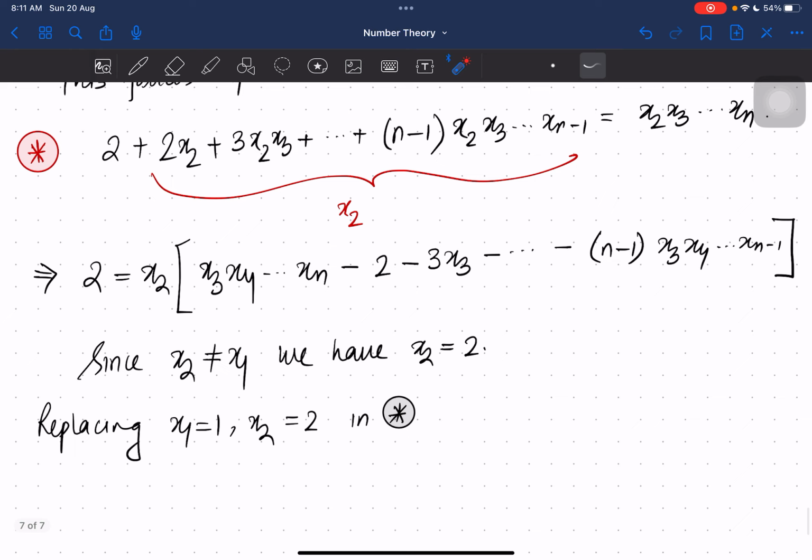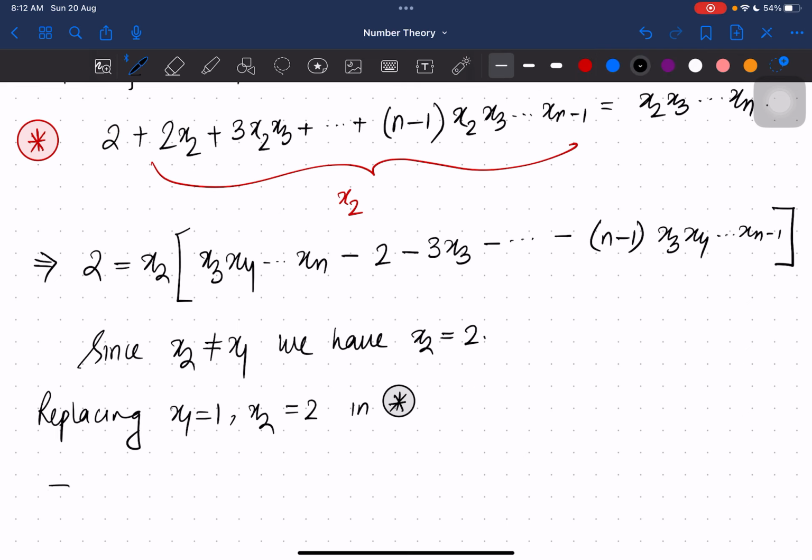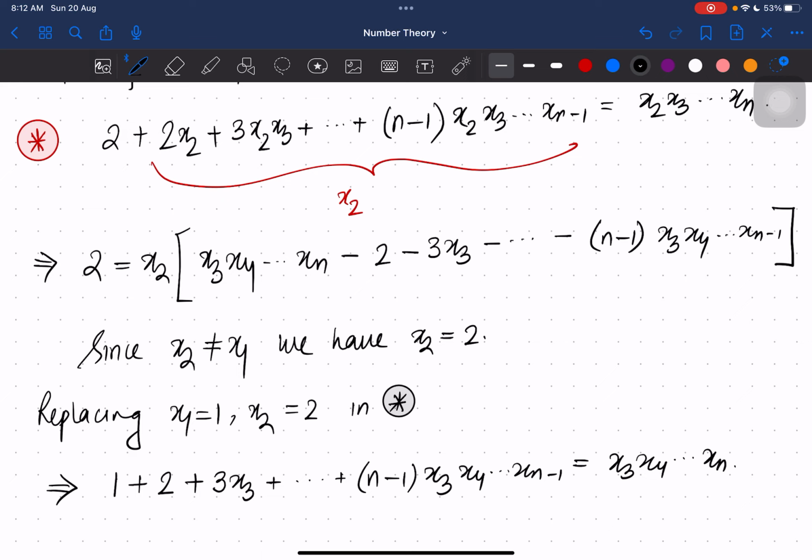So what we can do is, because x2 is 2, every term is divisible by 2, so we can cancel x2 and this will become 1. So that will be helpful. So 1 plus 2 plus 3x3 up to xn.